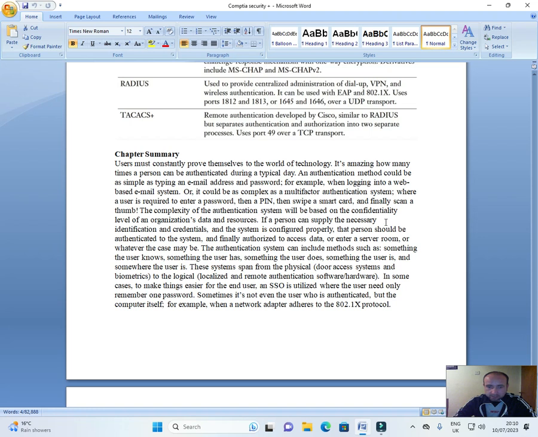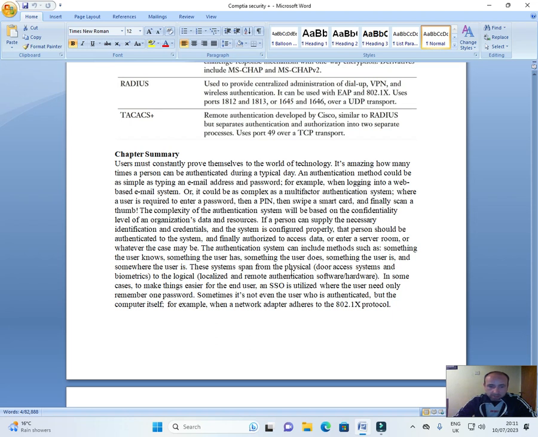If a person can supply the necessary identification and credentials, they are authorized to access data or enter a server room, or whatever the case may be. The authentication system can include methods such as something the user knows, something the user has, something the user does, something the user is, and somewhere the user is. These systems span from physical door access systems and biometrics to logical, localized and remote authentication software and hardware.